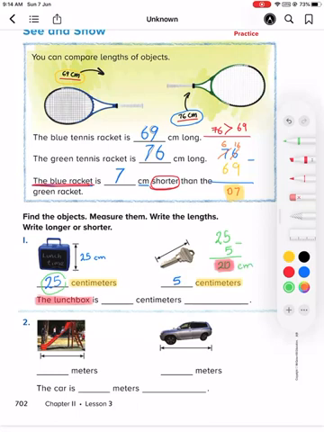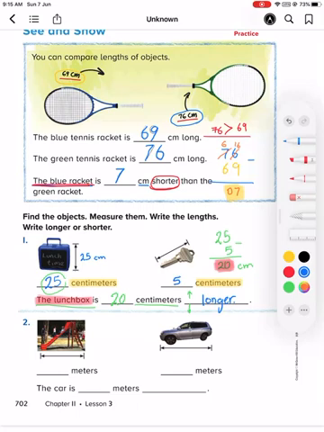So the lunchbox is 20 centimeters. Is it longer or shorter? Just have a look at the heights. Yes, excellent. 20 centimeters longer. That's cool. Good boys and girls. Let's go to question number 2.